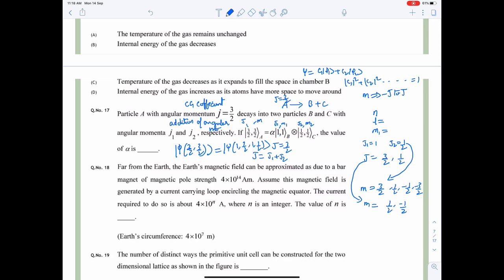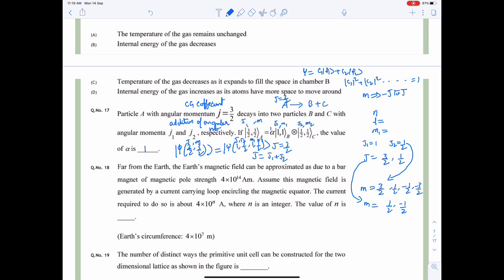So this becomes J1, J2, and this becomes M1, M2. So this is your J, this is your M. So J1 plus J2 will become 1 plus half, 3 by 2, and M is equal to M1 plus M2. So now you can easily guess this will become 1. So alpha is equal to 1. I have done my best here to explain this CG coefficient, but it will take 2 to 3 videos to describe this. So this is your solution.